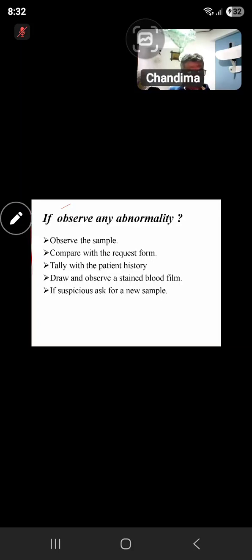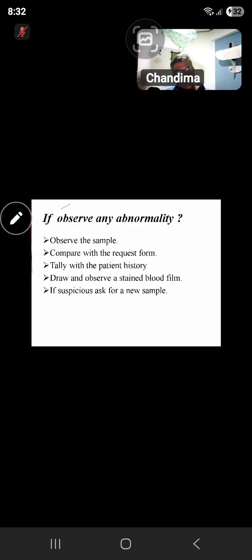Before issuing an abnormal report, wherever you can, draw a blood film and do it. As much as possible, draw a blood film and observe it, right? Even if the patient has a low platelet count, if your report does not tally with the condition or the patient history, draw a blood film and see.